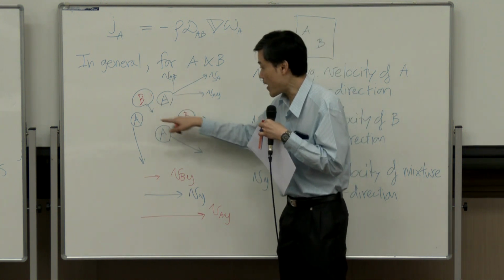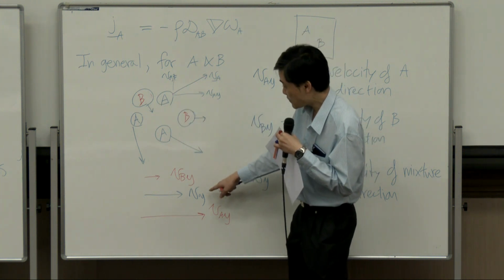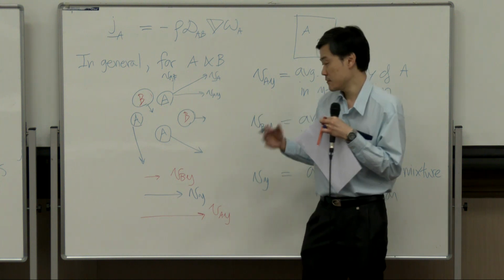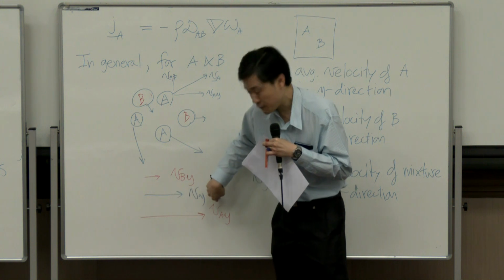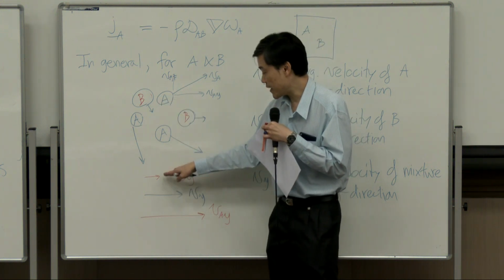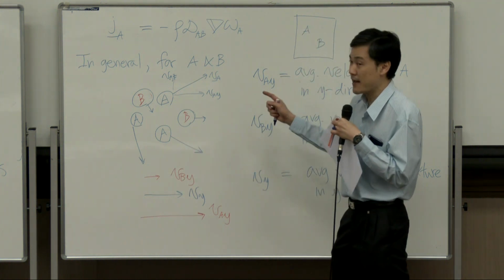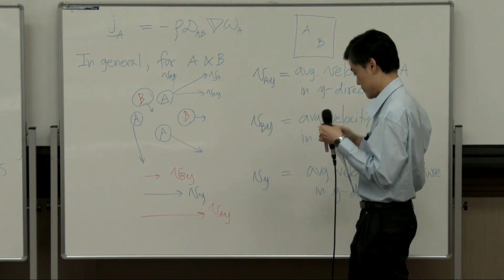If we have more A, just like in this picture, the average velocity of the mixture should lean toward the velocity of A. If we have more A, it moves down here closer to VA. If I have more B, it would lean toward the velocity of B, right? So it depends on how much, or it depends on concentration.